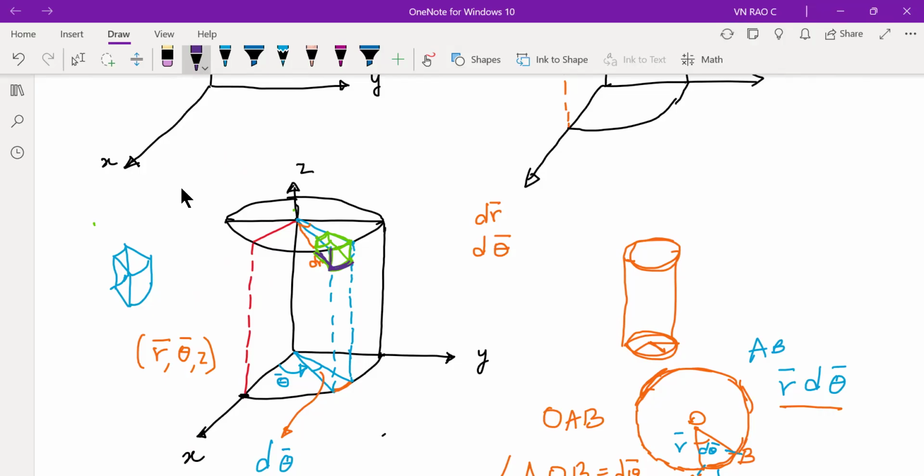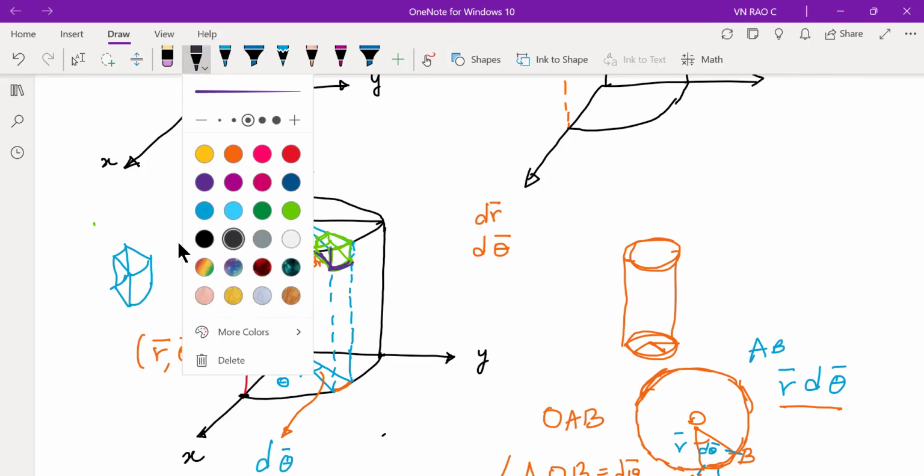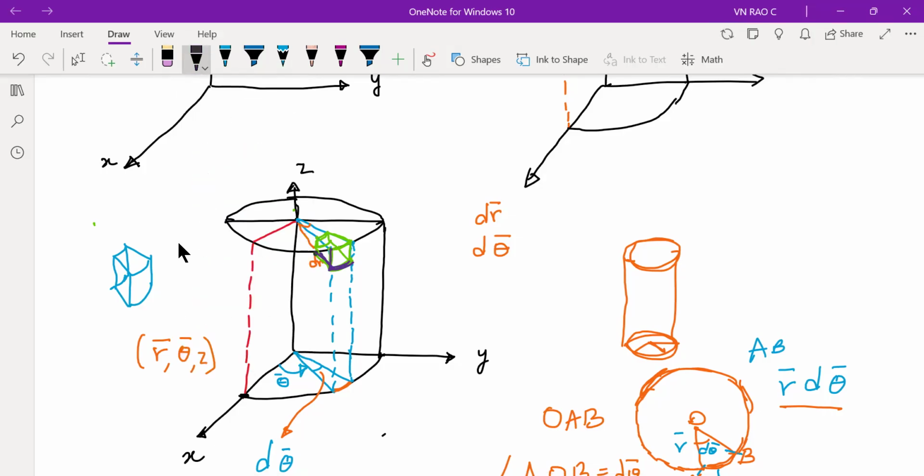Now the problem, or rather how we define our need here, is that if I am here and I want to travel to this place, then in three dimensions, along the three axes, I travel dr and this arc length, and then I go up. This gives me the differential length.